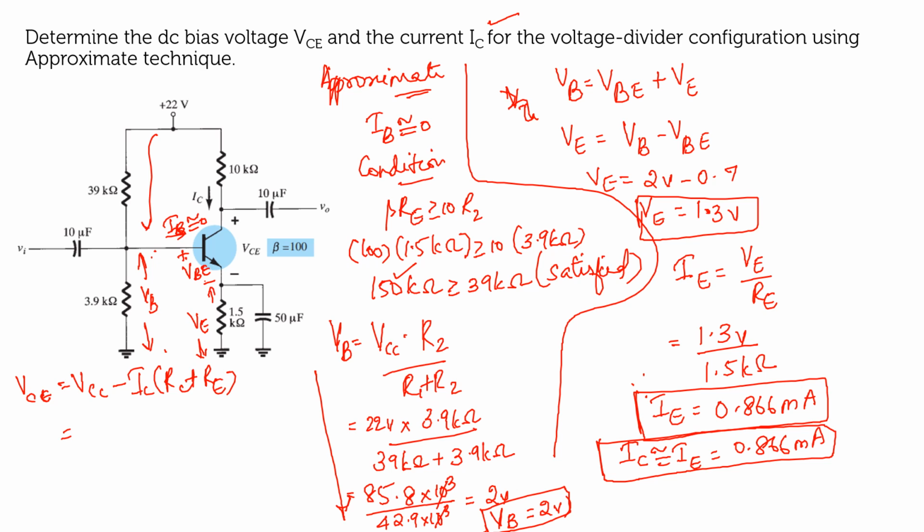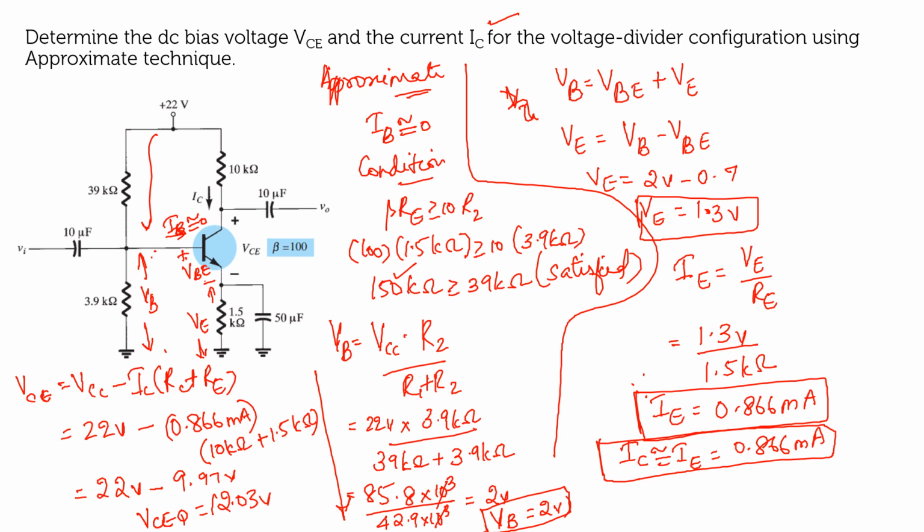VCC is equal to 22 volt minus IC, already you have calculated, 0.866 milliampere into RC, which is 10 kilo ohm, plus RE, which is 1.5 kilo ohm. Okay, so you will be getting 22 volt minus somewhere nearer to 9.97 volt. So your VCEQ will be equal to 12.03 volt.